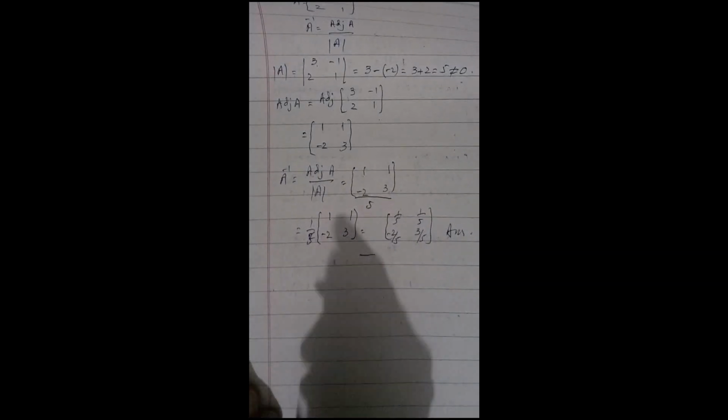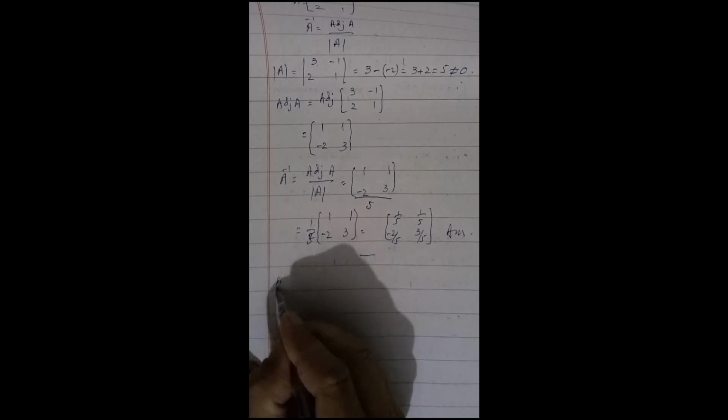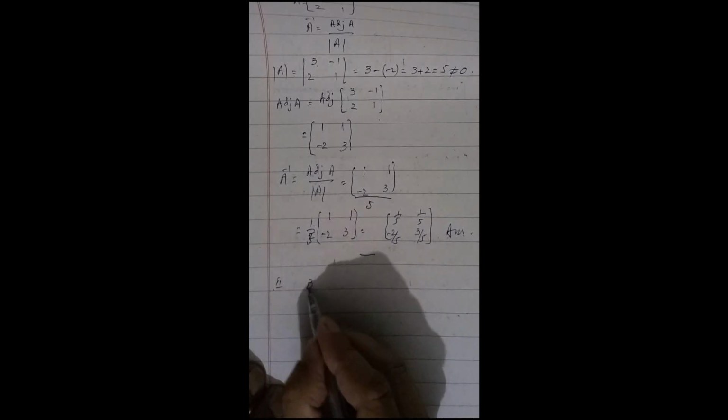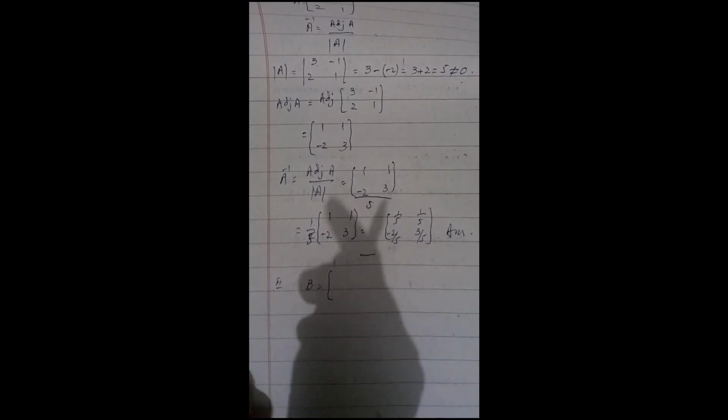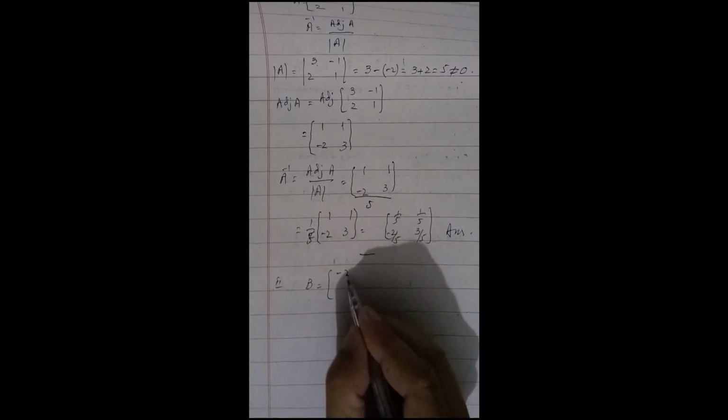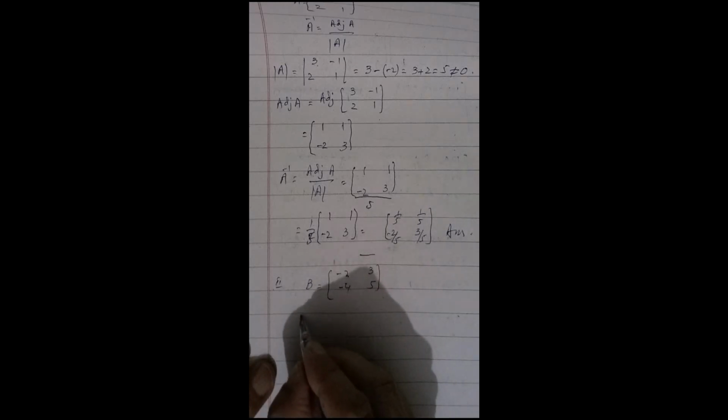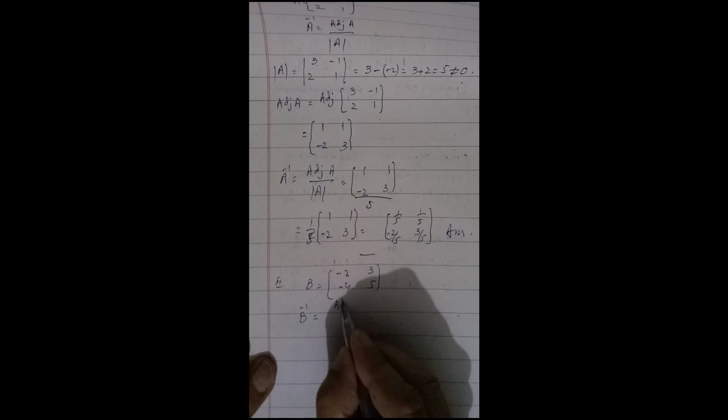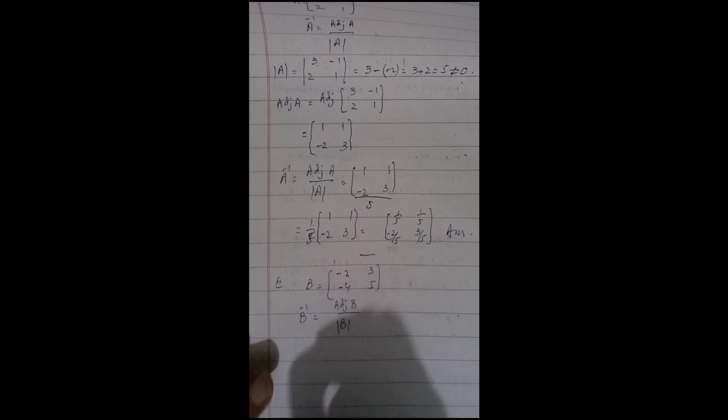And now we solve part 2. We call it matrix B, which is minus 2, 3, minus 4 and 5. We find the inverse of B, which is adjoint B over B determinant.